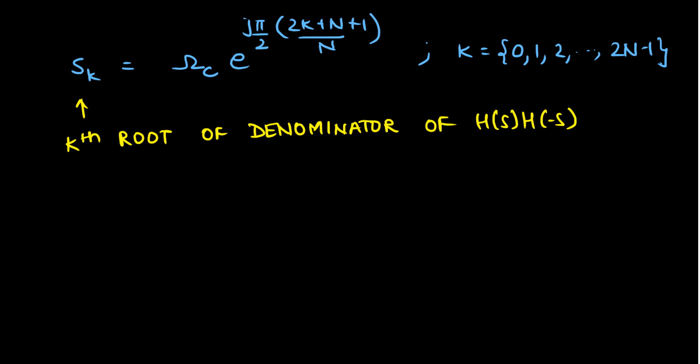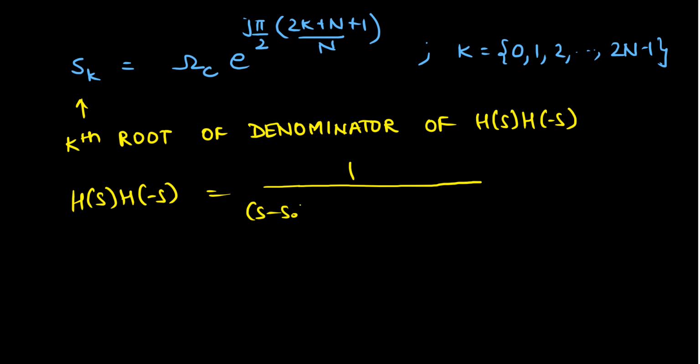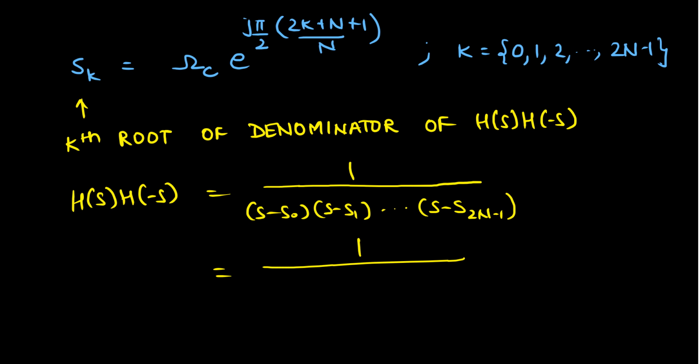So basically what we can do is we can write this h of s into h of minus s as 1 divided by s minus s0 into s minus s1 and so on up to s minus s2n minus 1, or rather we can write it as 1 divided by product of k from 0 to 2n minus 1 s minus sk. So this is the representation for h of s into h of minus s.